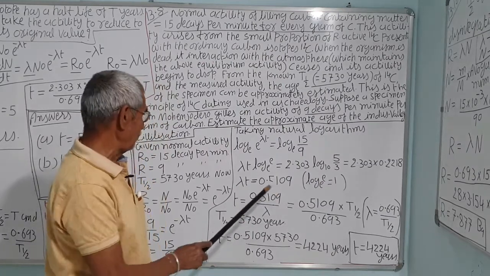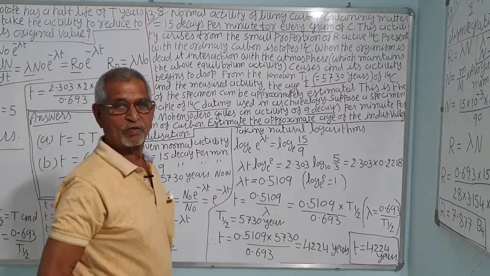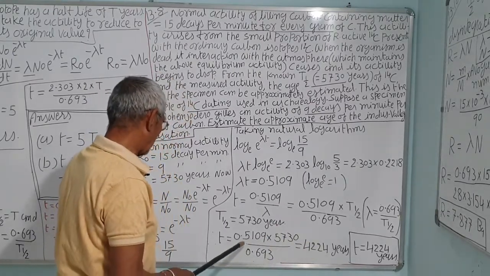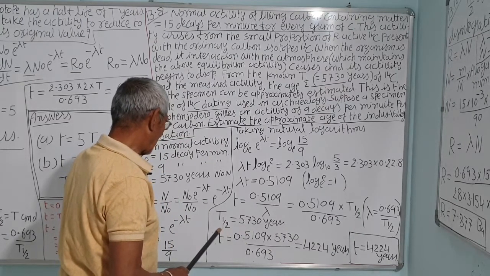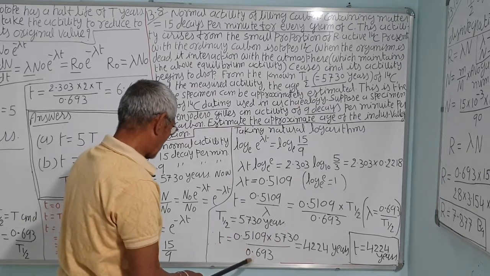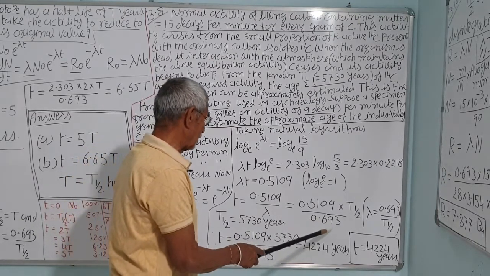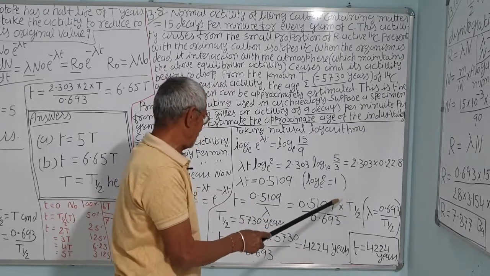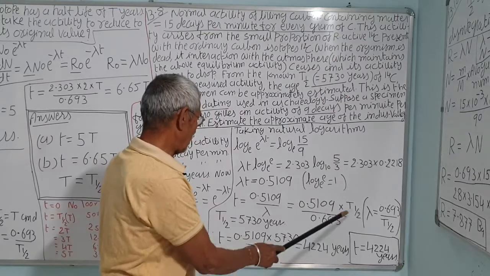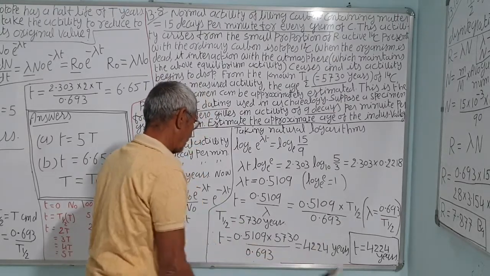So T is equal to 0.5109 upon lambda, and lambda is equal to 0.693 upon the half-life period.